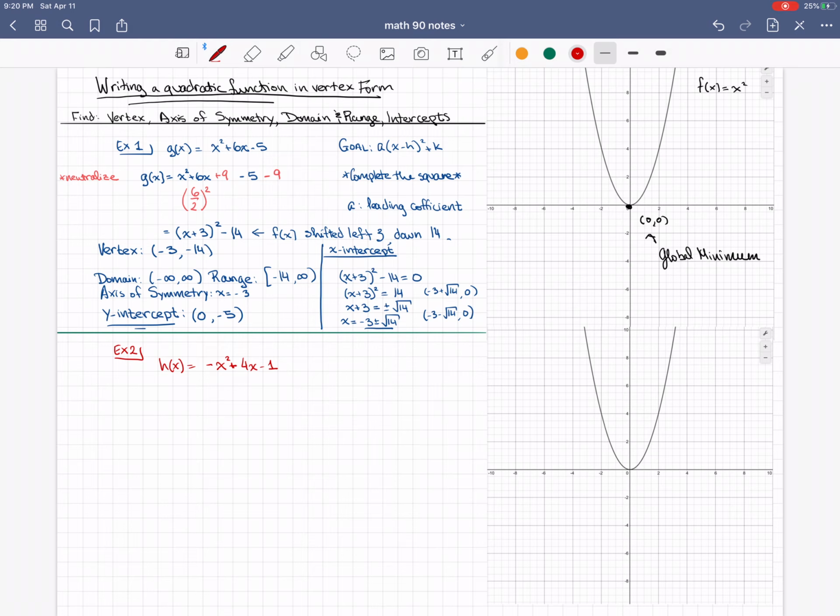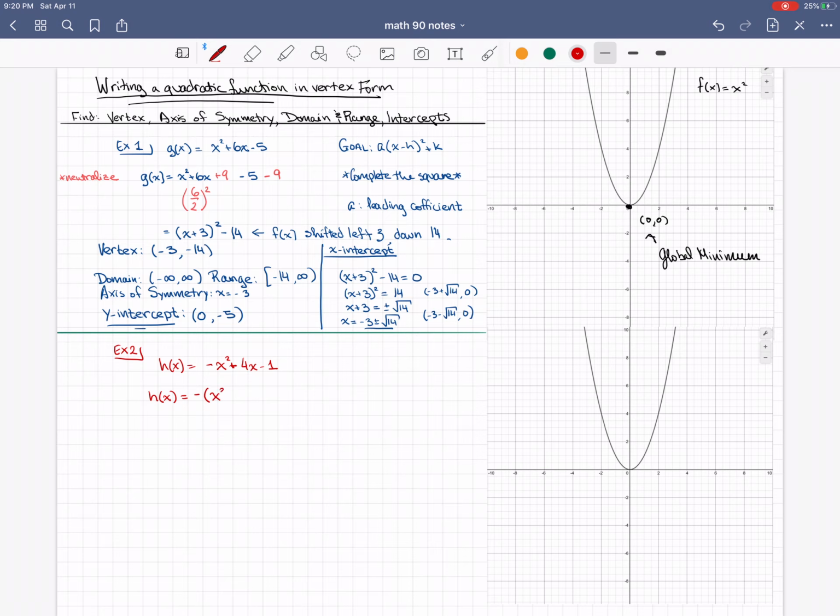So you'll notice in this case, I have a negative in front of my x squared. So when I go to work it into vertex form, the first thing I'm going to do is factor out the negative. Now watch.